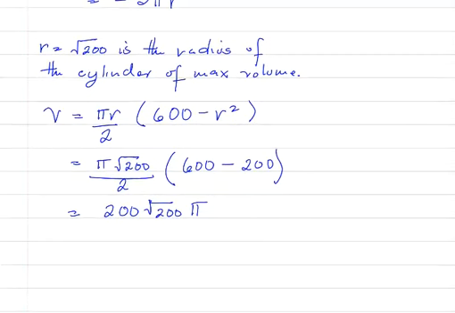So let's evaluate that. 200 times the root of 200 times pi comes out to be 8,885.8 centimeters cubed.